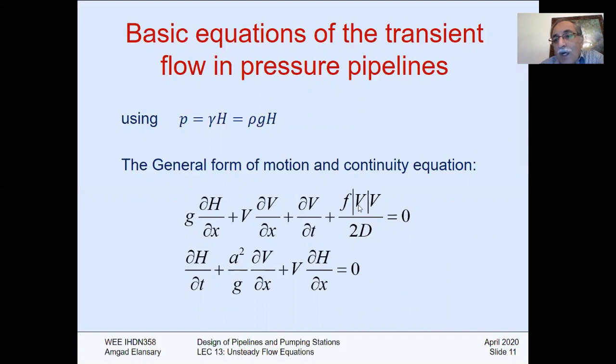If I have V with a minus sign, the V squared would lose it, so by using this form it will show the sign of the velocity.